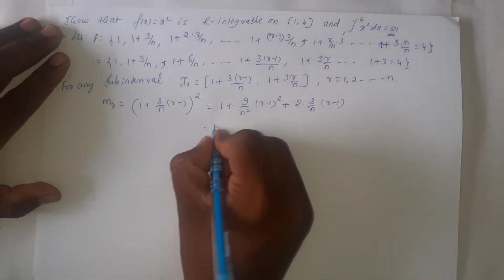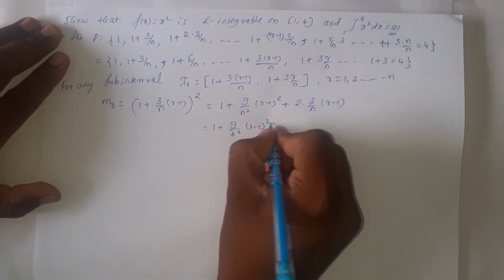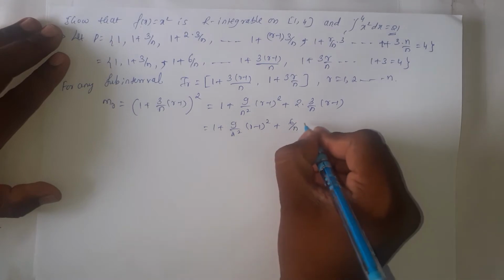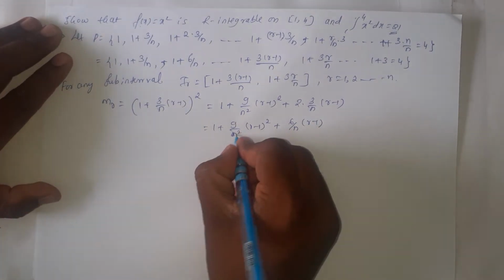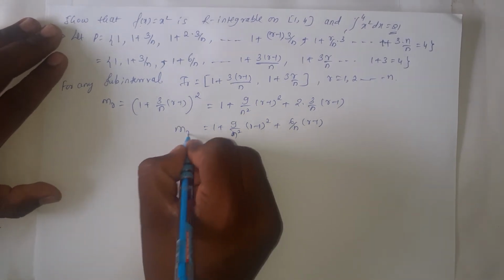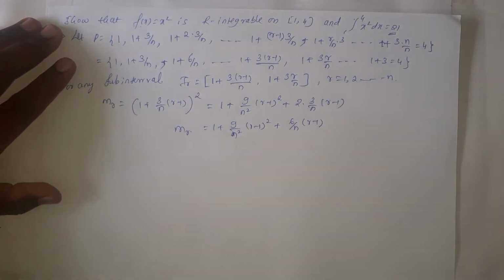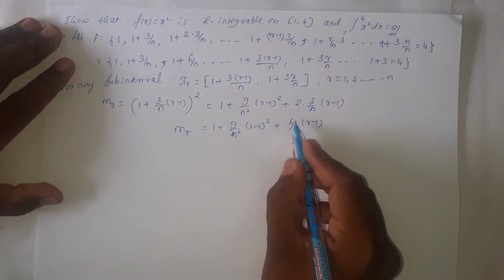So this one is 1 plus 9 by n square (r minus 1) whole square plus 6 by n into (r minus 1).